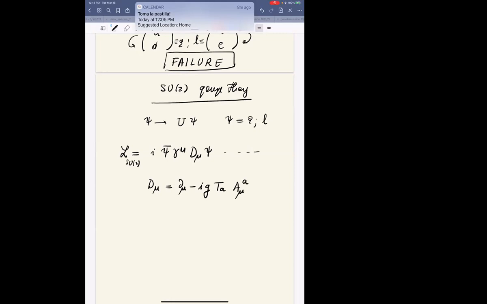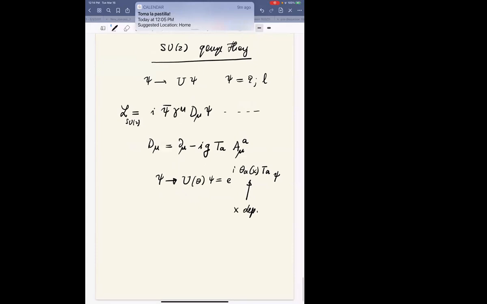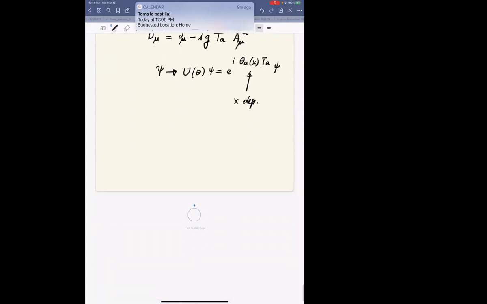This Lagrangian is invariant under psi goes into U of theta psi, which is e to the i theta A of x, now space-time dependent, times psi. This is very important. It's space-time dependent. Of course, it is invariant as long as I specify how A mu transforms.